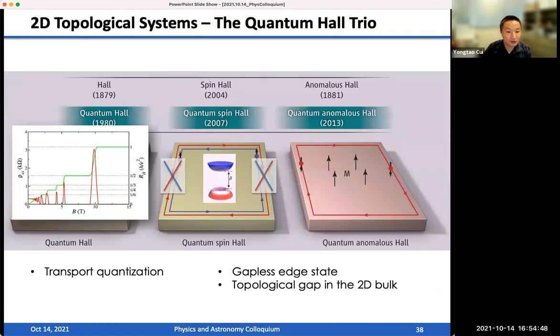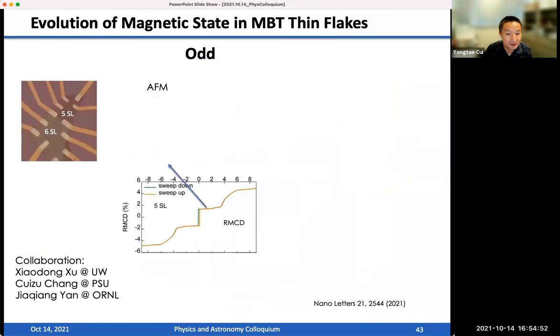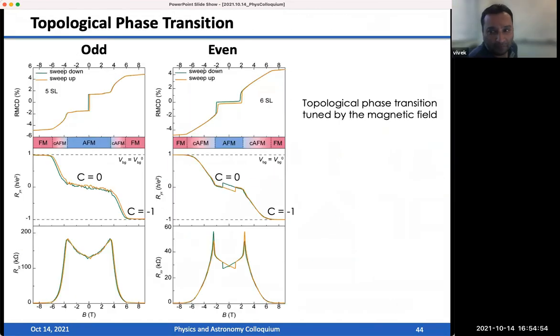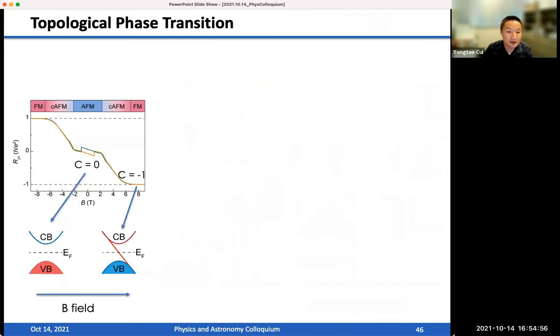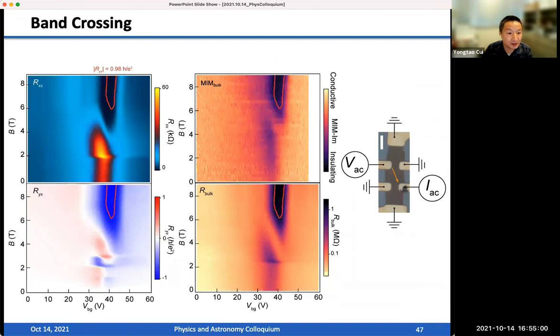We plot a contour that's 98% quantization, at 4 Kelvin, probably slightly below 4, since we pump it a little bit. This contour is 98% h over e squared, and in the best case it's better than 99%.